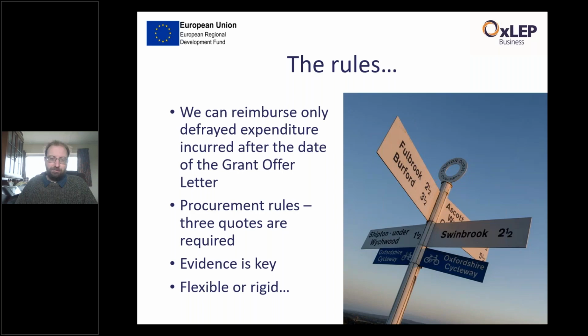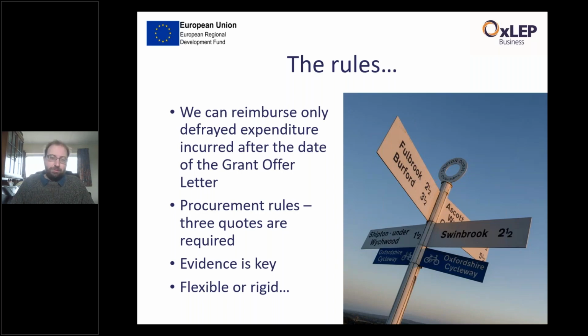So if we've given you a grant rate of 25% for a Go-create grant, we will reimburse you 25% of the total costs. Or if you're making a single claim and you've overspent, we will reimburse you the grant that we've offered. There's a slide that explains how that works later on.